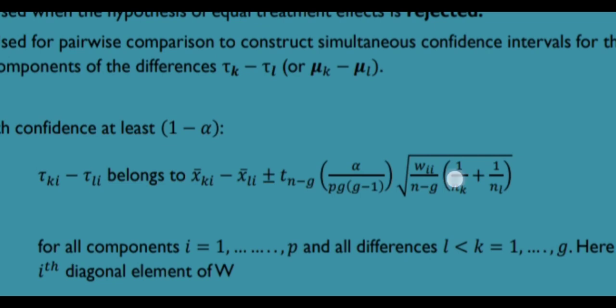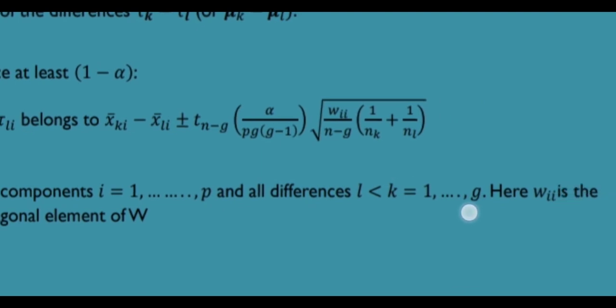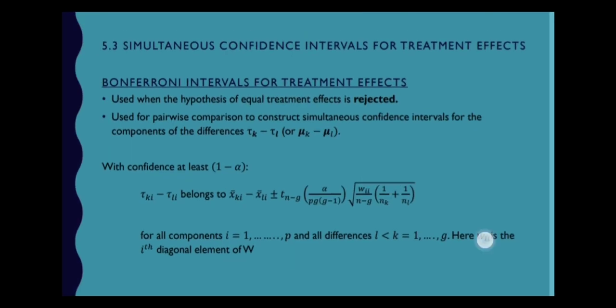Okay, multiply dengan dia punya standard deviation. Standard deviation here adalah W ii. ii maksudnya refer kepada variable. Okay, how to get the W ii? Here W ii is the ith diagonal element of matrix W. Remember from the previous lesson, you know how to find the W when you are trying to find the Wilks' lambda test statistic, right?